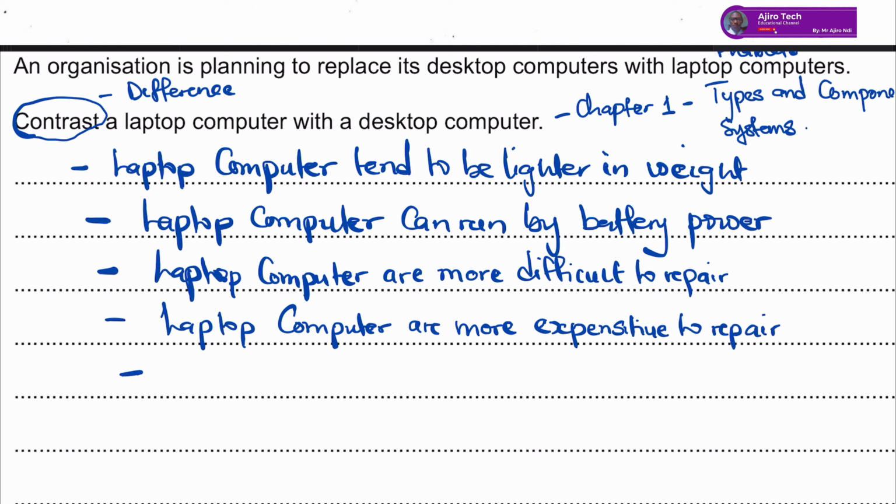But for your desktop, it is separate. So the components of a desktop tend to be standardized. Therefore, if there's any issue on any component, it's very easy to replace. But when it comes to the laptop, it's very difficult to do that. Okay, so this is very important.